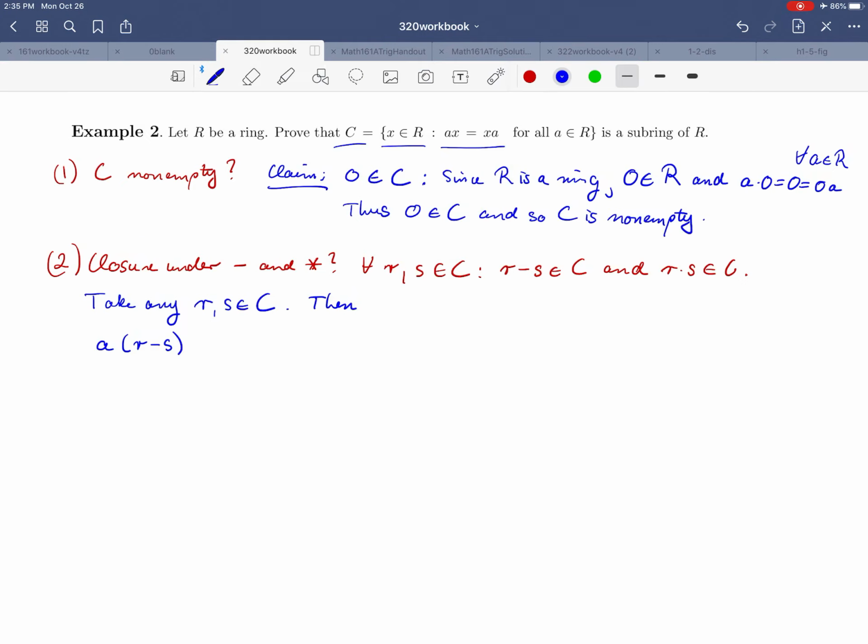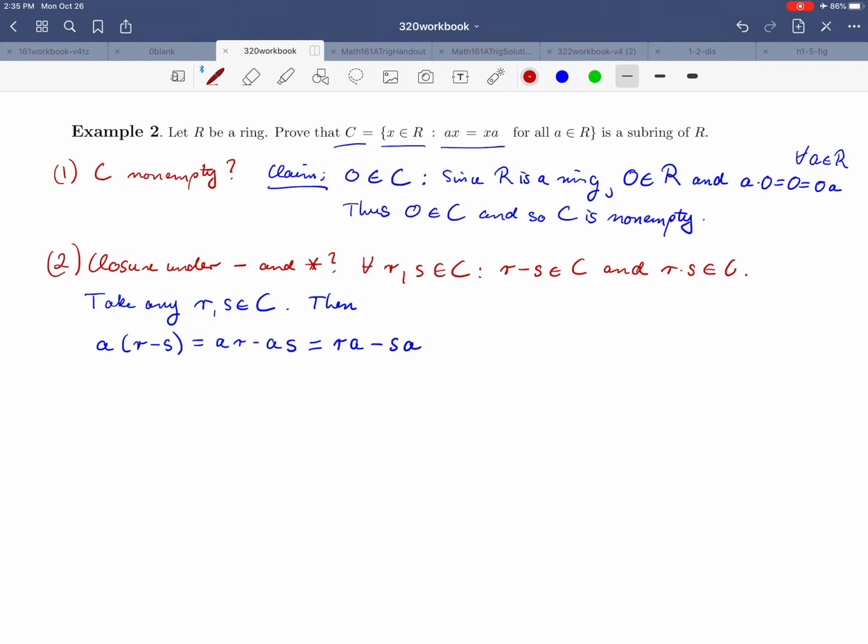Does it commute with A or not? So let's see, A times R minus S, we have distributivity, so that is A times R minus A times S. But that is equal to R times A minus S times A.